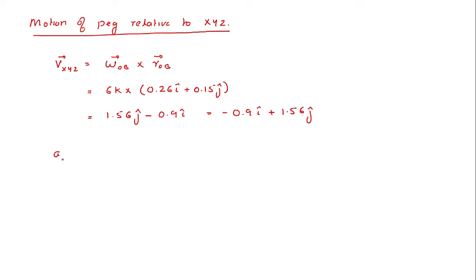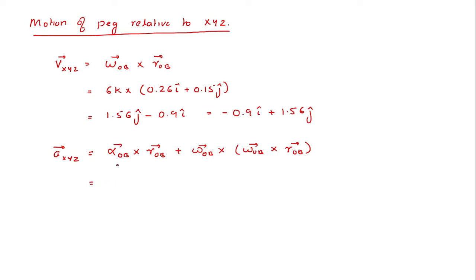Similarly, you can obtain the acceleration with respect to the capital XYZ frame, because the peg B is purely rotating with respect to point O. So this will be equal to alpha OB vector cross ROB vector plus omega OB vector cross omega OB vector cross ROB vector.